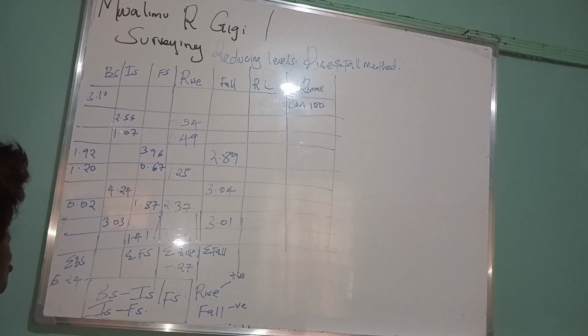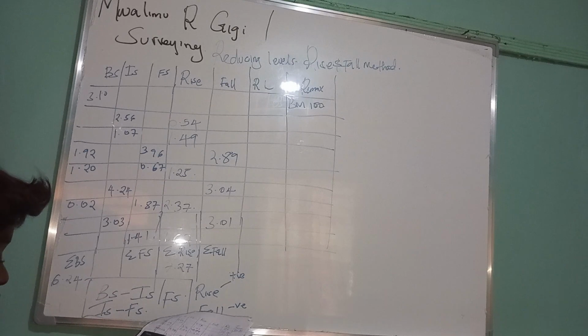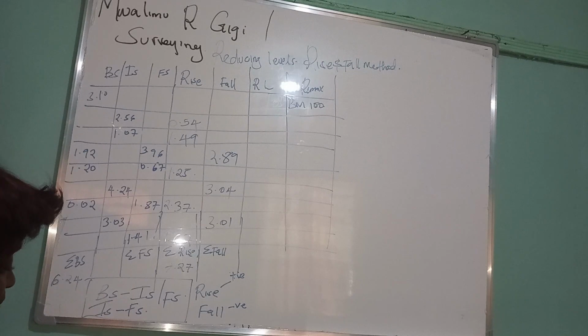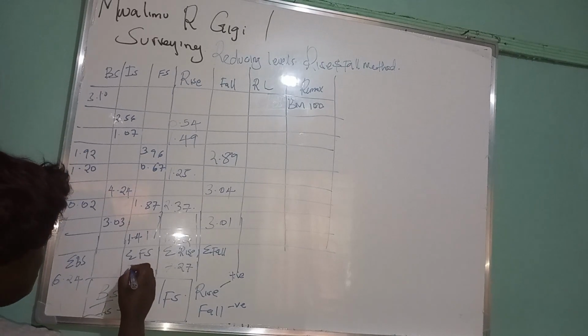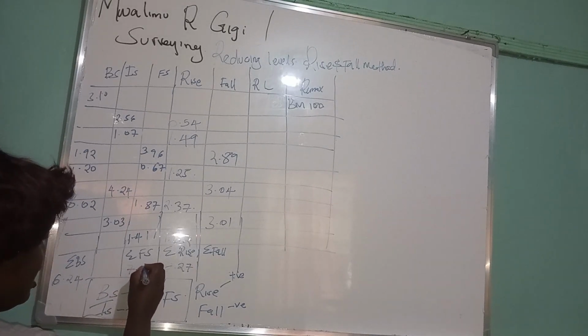Then summation of foresight, 3.96 plus 0.67 plus 1.87 plus 1.41. So it is 7.91.